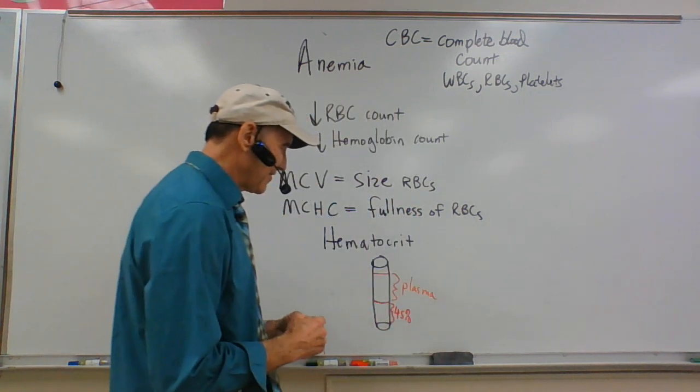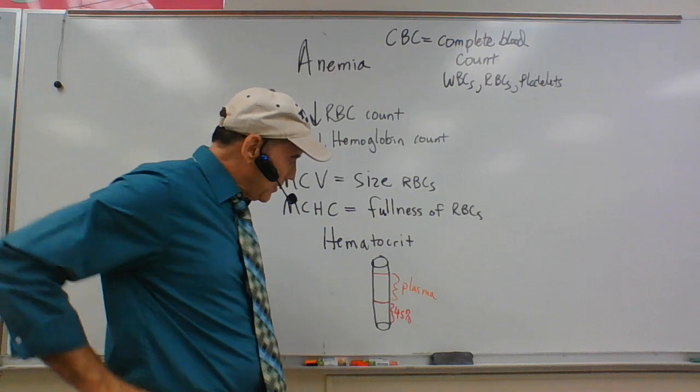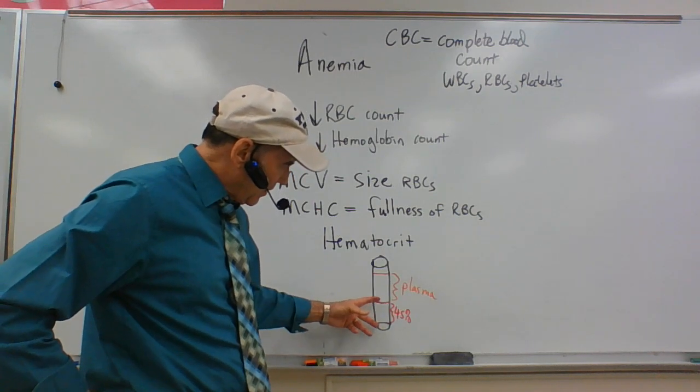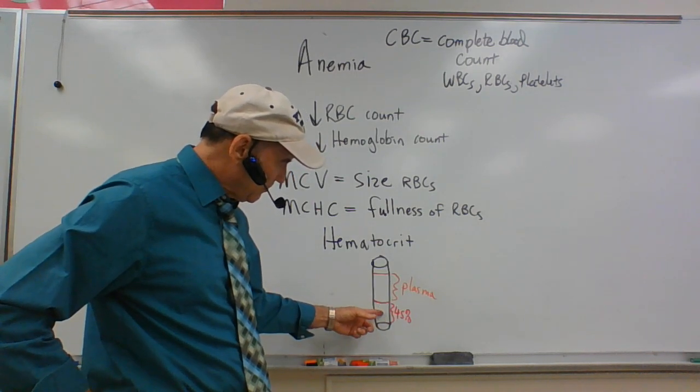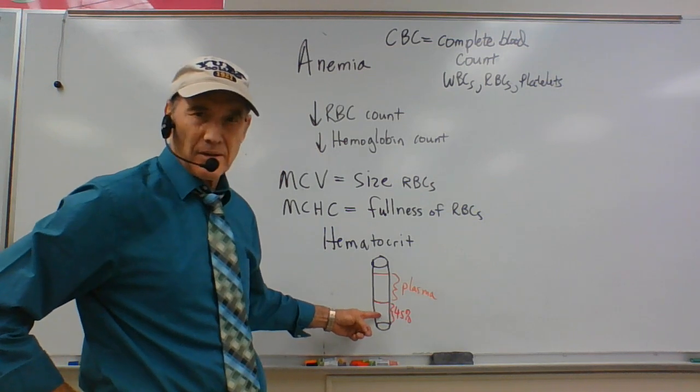And we separated them. That's a hematocrit. So if you do a hematocrit, you see that it's only 37%.